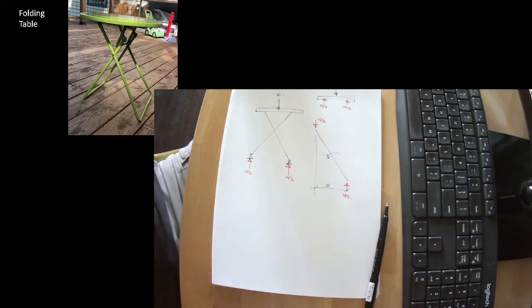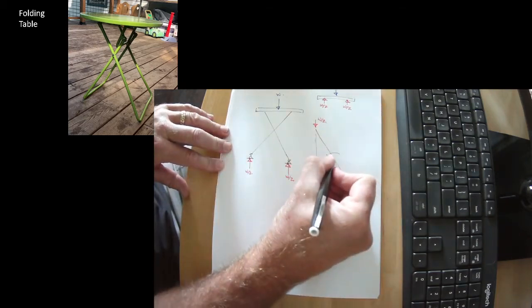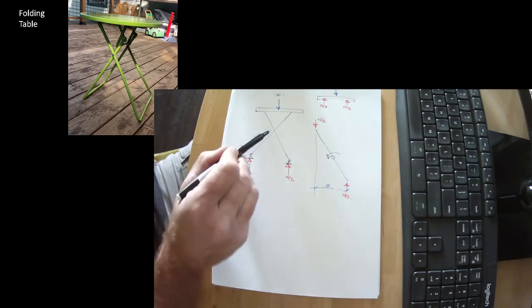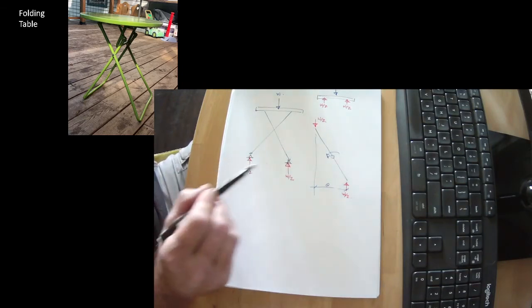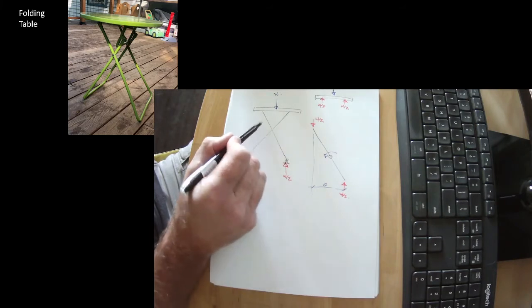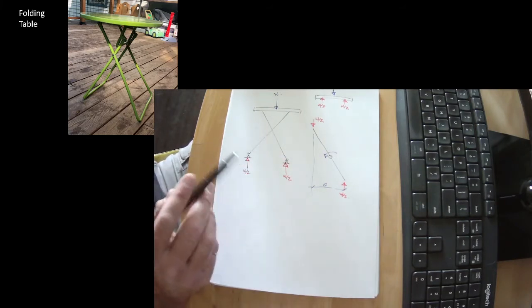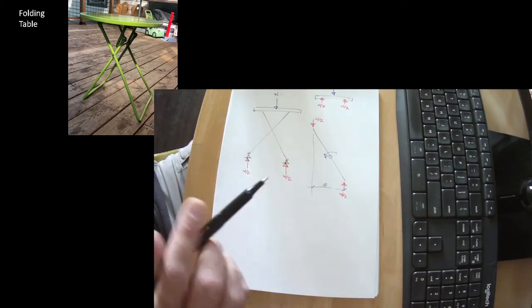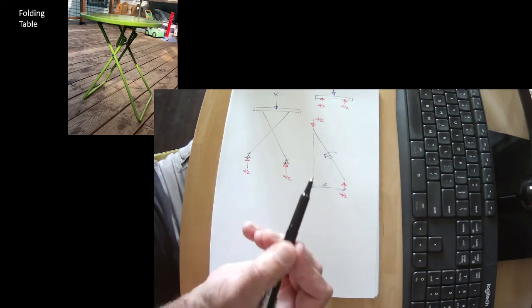What stops it from rotating? Well, we have a pin here. So possibly there's a force that can get transferred. What we know is that the force on one leg has to be equal and opposite to the force on the other. And you're just going to have to take my word for it.